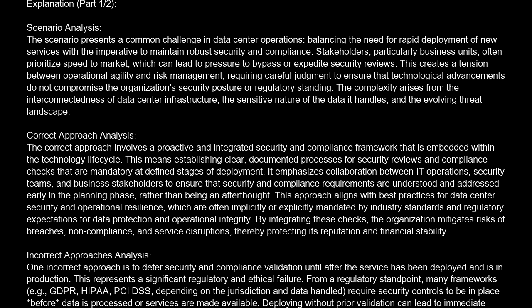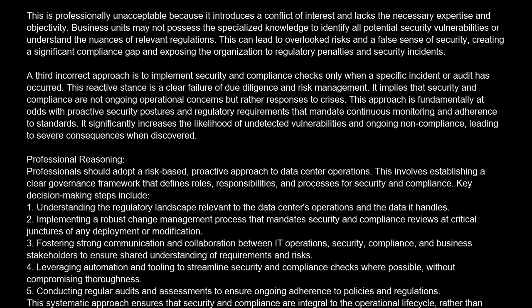Another incorrect approach is to rely solely on the business unit's self-assessment of security and compliance needs, without independent verification by dedicated security and compliance teams. This is professionally unacceptable because it introduces a conflict of interest and lacks the necessary expertise and objectivity.